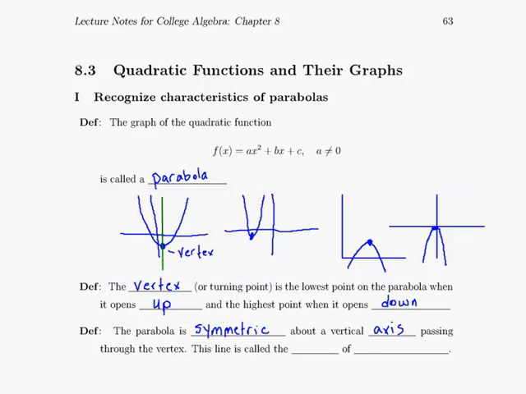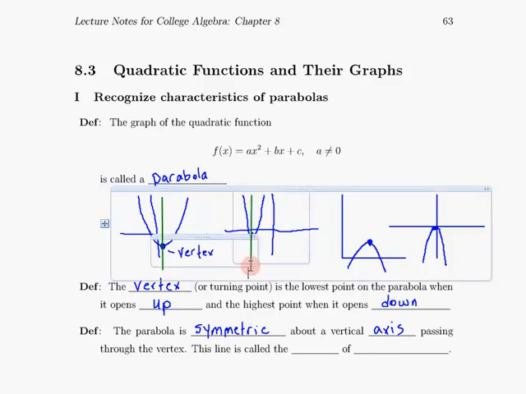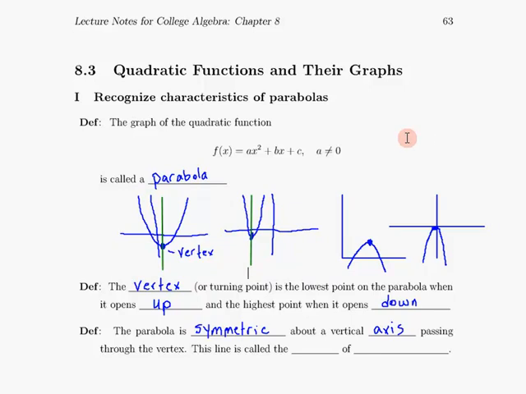It's a vertical axis, goes right through the vertex, and it's the same on either side of the graph. You get the picture? The vertical axis goes right through there. There's your axis of symmetry.